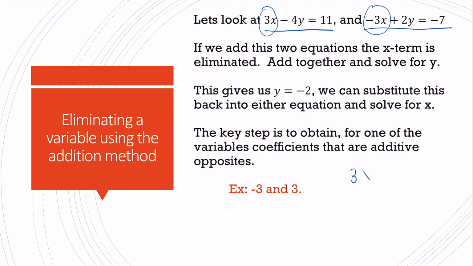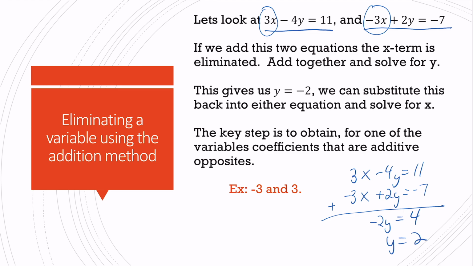So if I had 3x minus 4y is 11, and negative 3x plus 2y is negative 7, if I added these two equations together, my x's would go away. I would have negative 2y is a positive 4, and I could solve for y is negative 2.